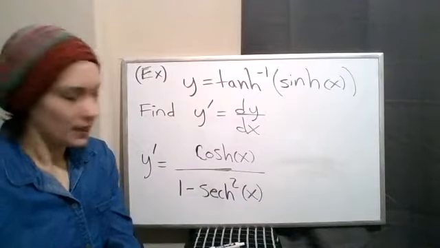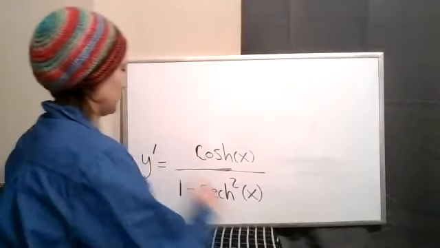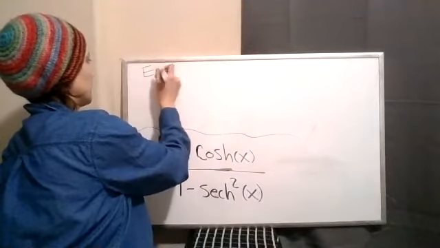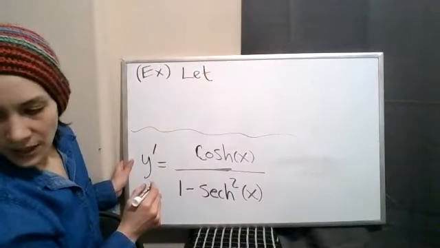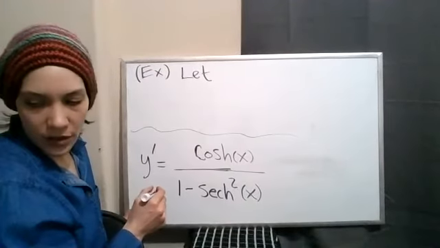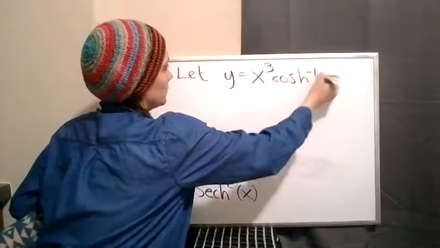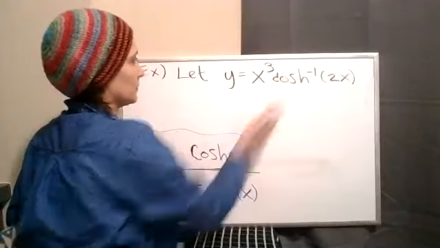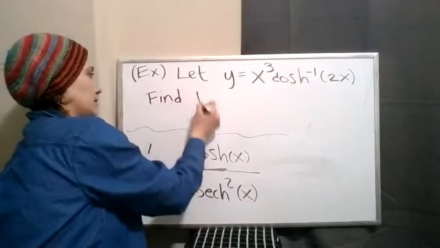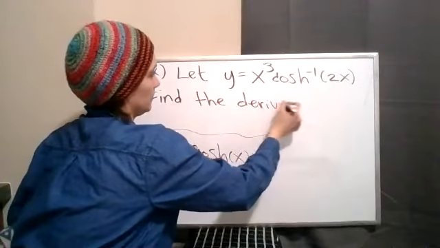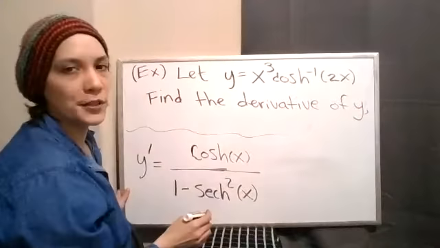We have a function. The function is y equal to x cubed times cosh inverse of 2x. Find the derivative with respect to x.